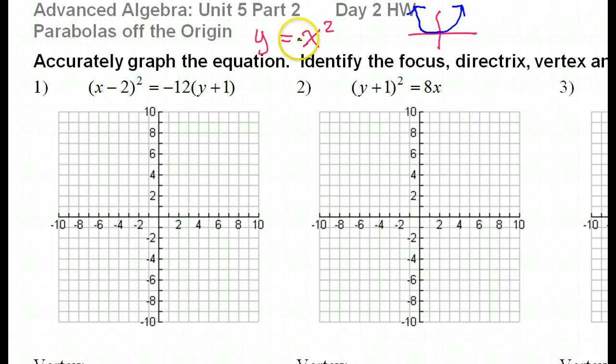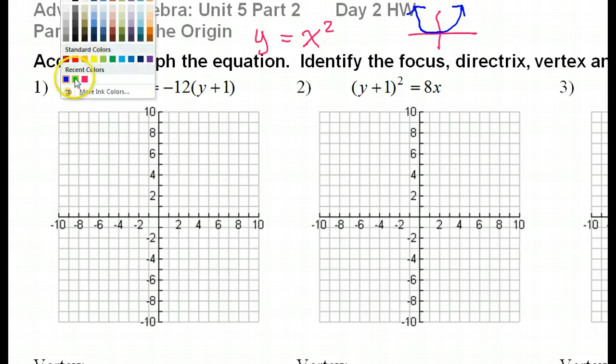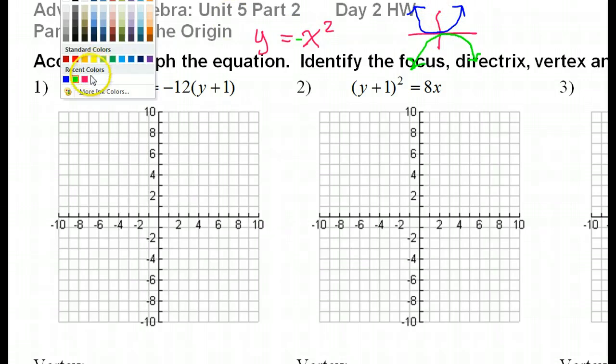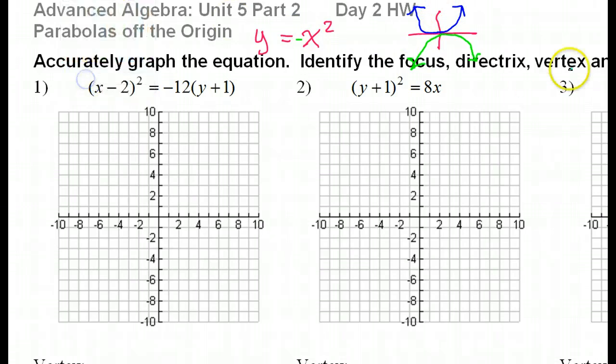We learned that if it had a negative in front of it, like negative x squared, then that had the effect of turning it upside down. Either way, if you see x squared, you know it's either up or down, depending on if it's positive or negative. On the other hand, if you see y squared instead of x, that's new.